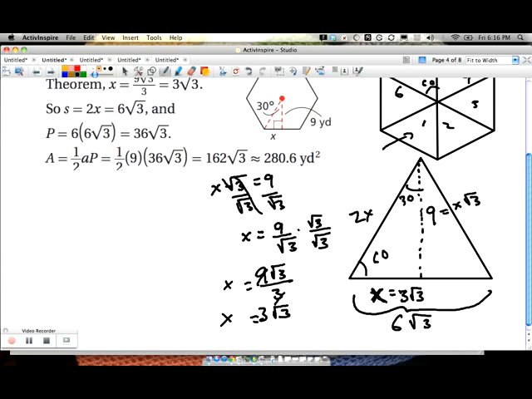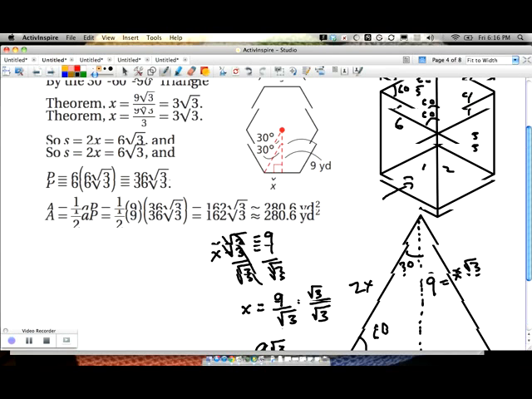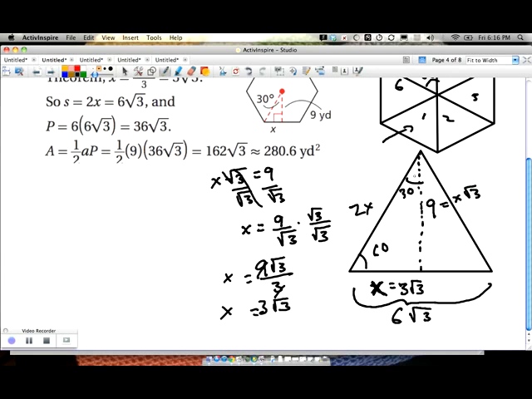Why does that matter? Because if we were trying to find the perimeter, we would want to know each side as well. But if I want to find the area of just one of these triangles, the area of a triangle equals 1/2 the base times the height. Let's look at this triangle here. The base is 6 root 3, and the height is 9.